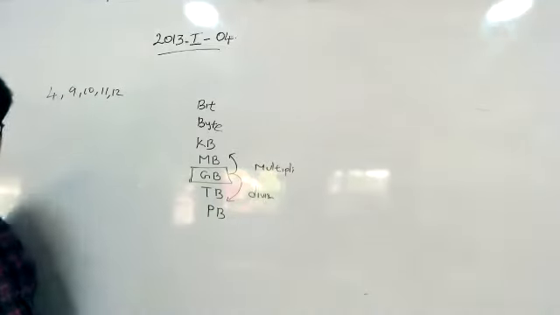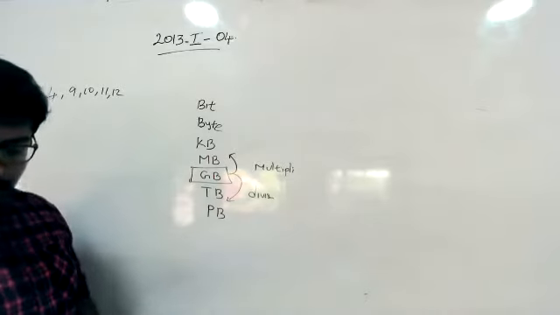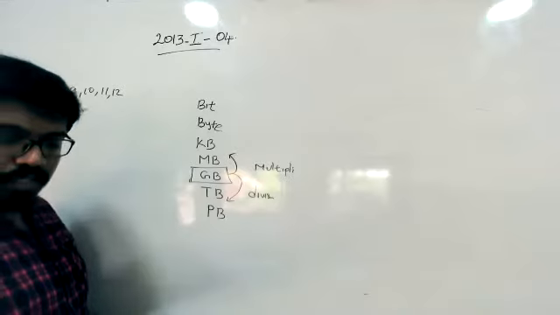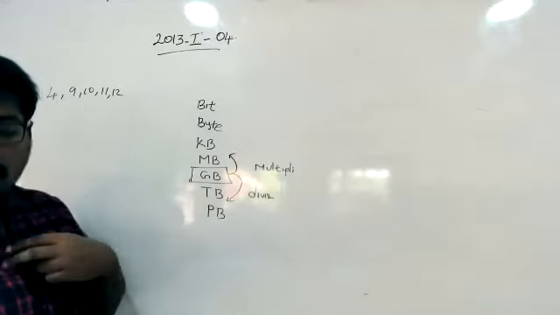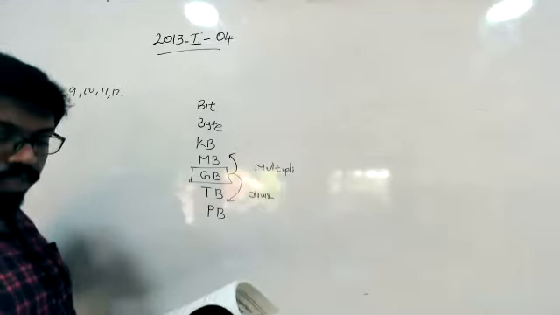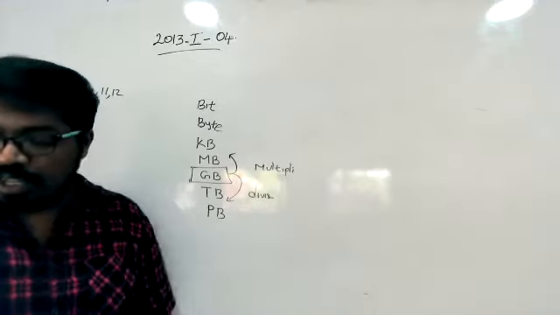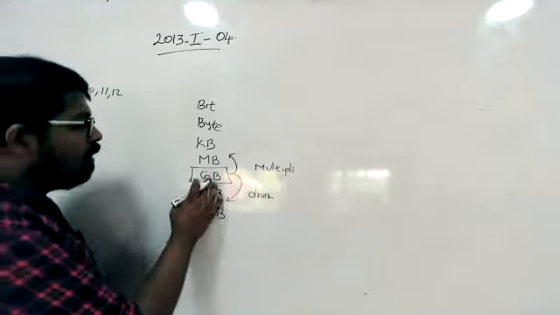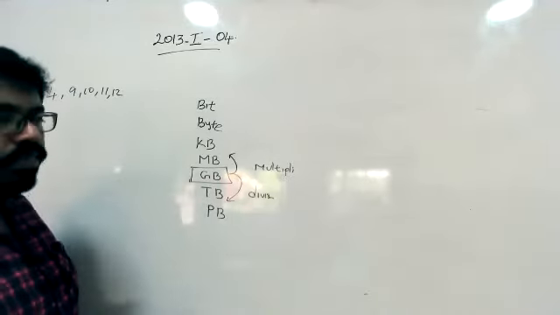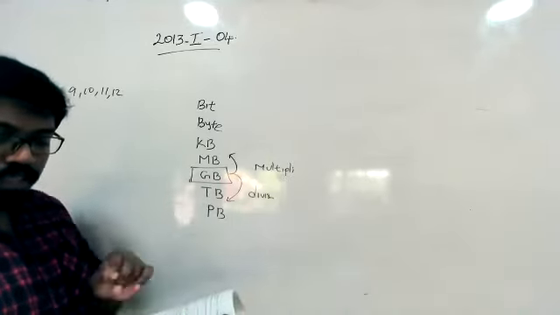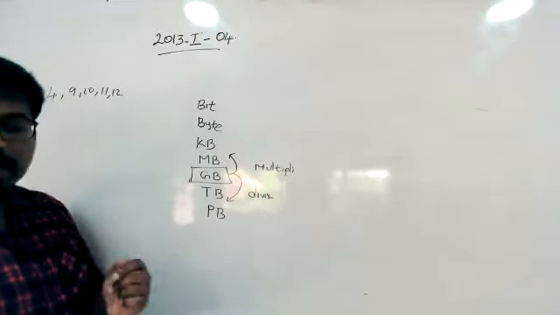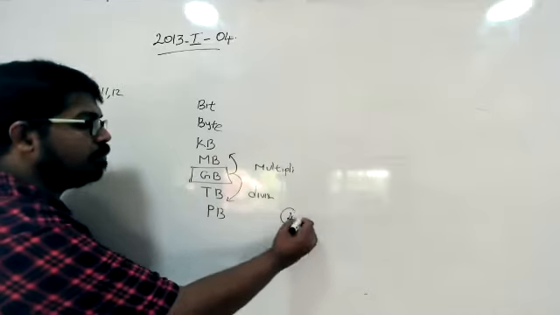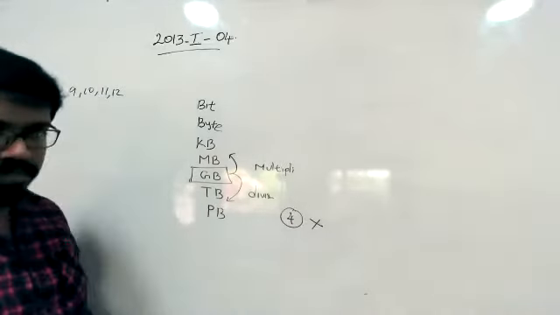So when you consider the answer options, all are having equal values, the units are different. From gigabyte to terabyte, there will be division. But here, 4096 terabytes. So the terabyte fourth option is eliminated.